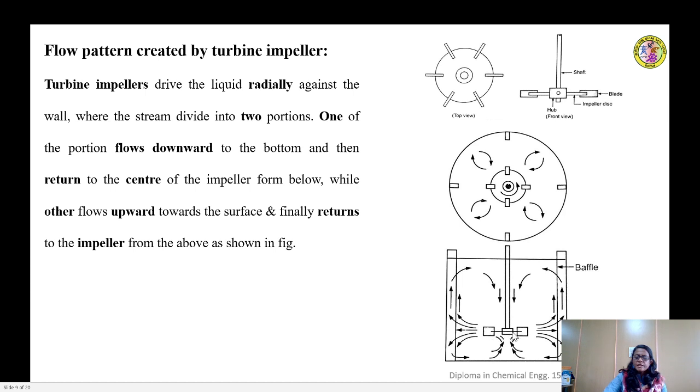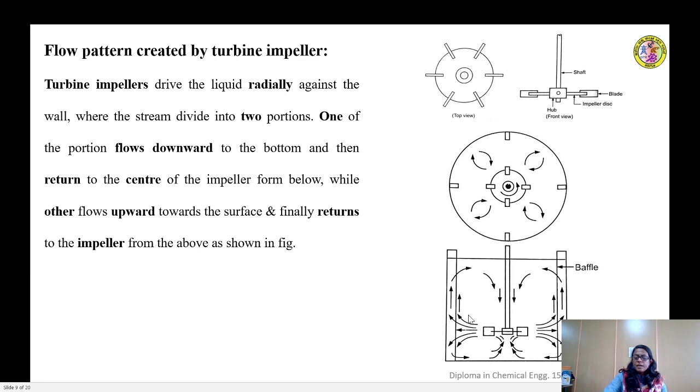When this kind of impeller is mounted in an agitated vessel in this way, it radially pushes the liquid towards the wall of the vessel. That liquid stream, after striking the wall, gets divided into two portions. One stream flows in the downward direction, towards the bottom of the vessel, and after spreading along the bottom, it finally returns to the center of the impeller.